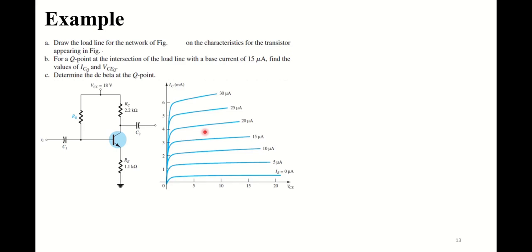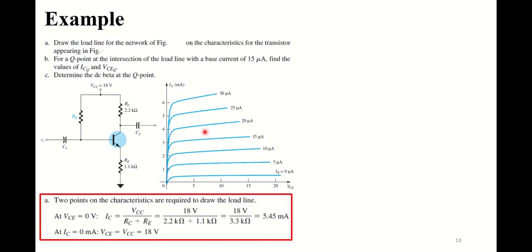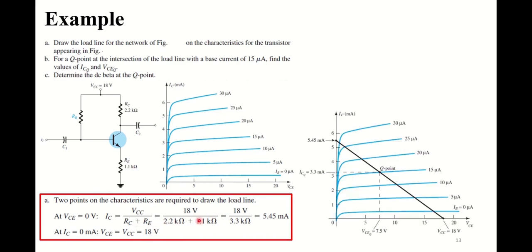Both of these points are calculated and the resulting load line is drawn on the output curves. Now this is the calculation of those 2 points, and this is the resulting load line on the output characteristic curve. As can be seen, the IC saturation for this particular configuration and set of information is 5.45 milliamperes, while the value of VCC is equal to 18 volts.